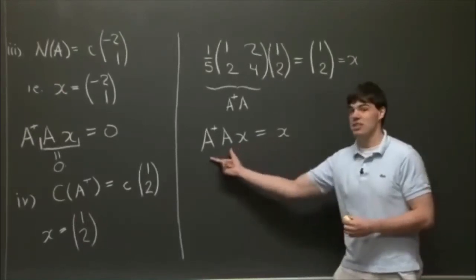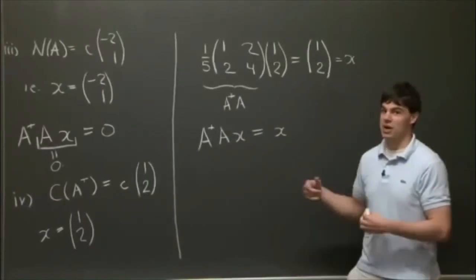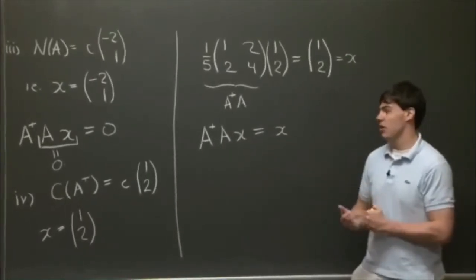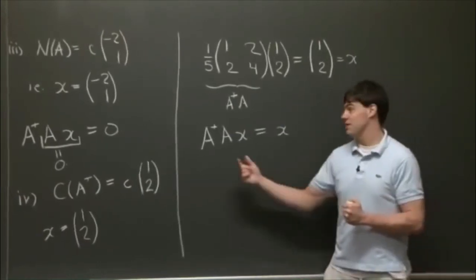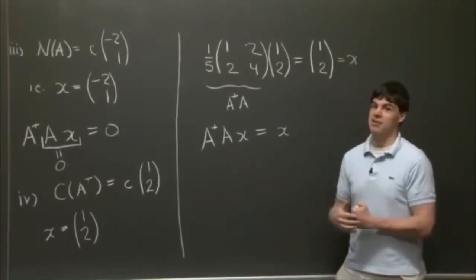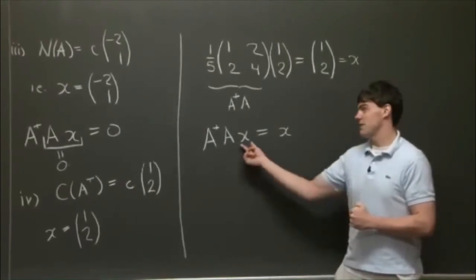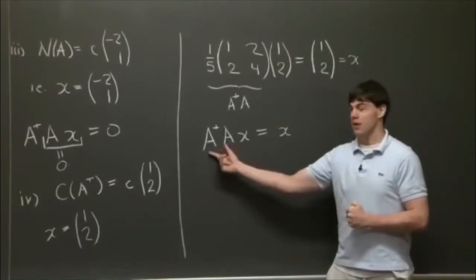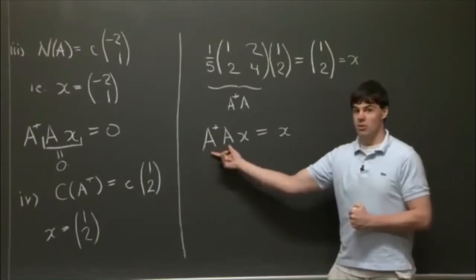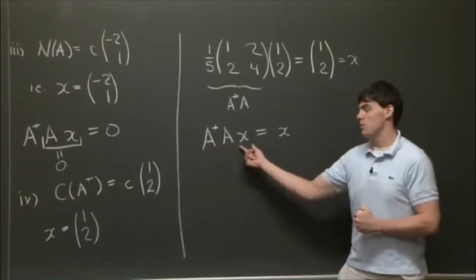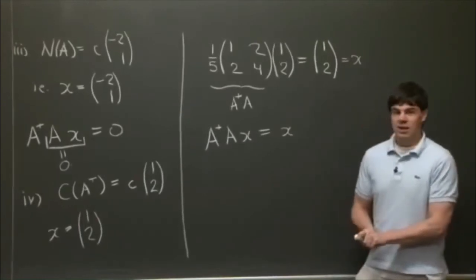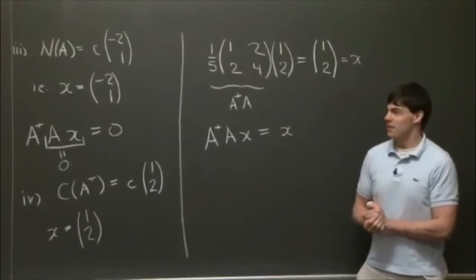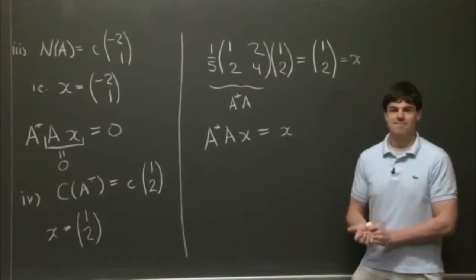So it's essentially the identity matrix acting on x whenever x is in the column space of A transpose. Now specifically, if A is invertible, then A doesn't have a null space. So what that means is when A is invertible, A plus A recovers the identity because when we multiply it on any vector, we get that vector back. Okay, so I'd like to conclude here, and I'll see you next time.